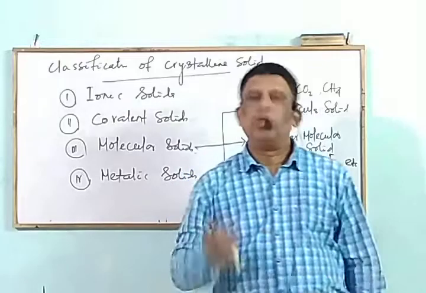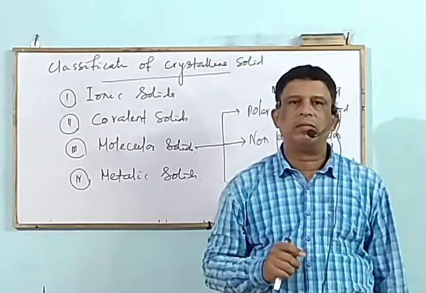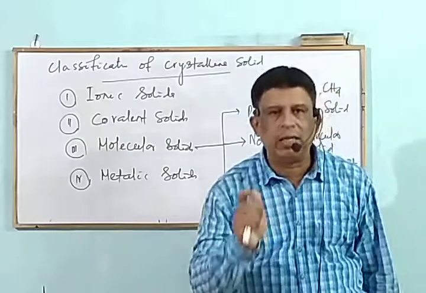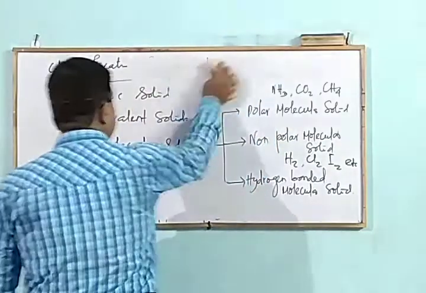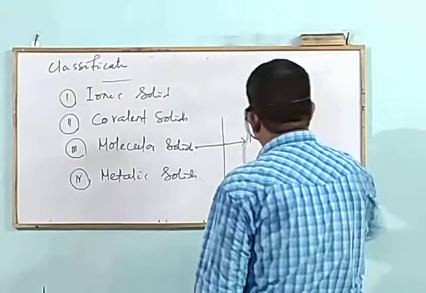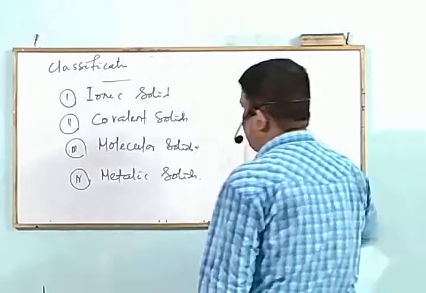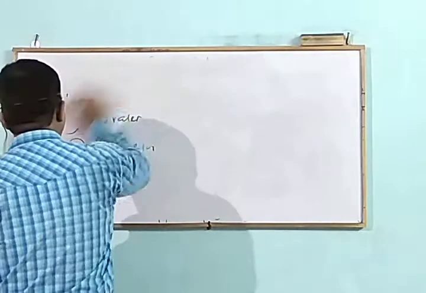Next we discuss two terms. One is known as crystal lattice or space lattice, and one is known as unit cell.